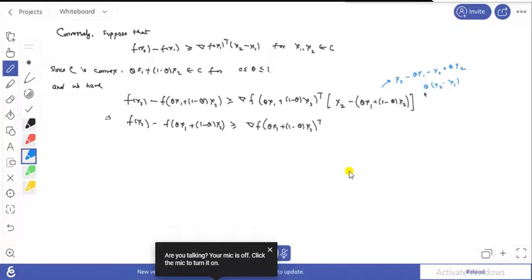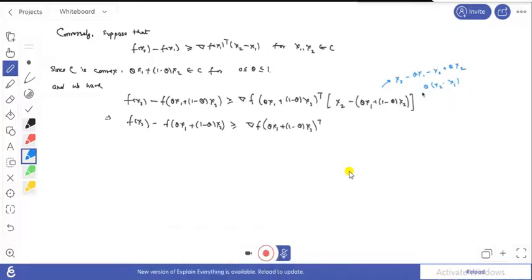Since theta is a scalar and x2 minus x1 is a vector quantity, you can write theta multiplied with the vector x2 minus x1. Similarly, you can redefine this formula if we take this arbitrary point x in place of x2 here.